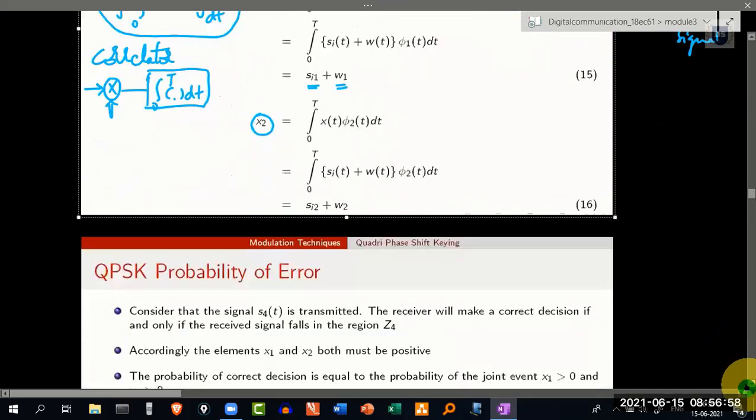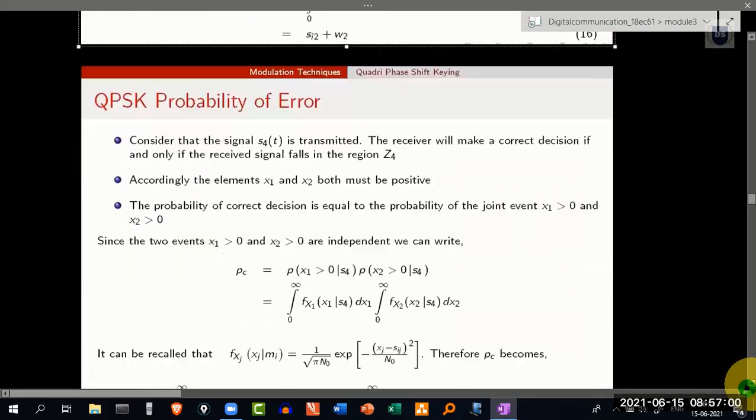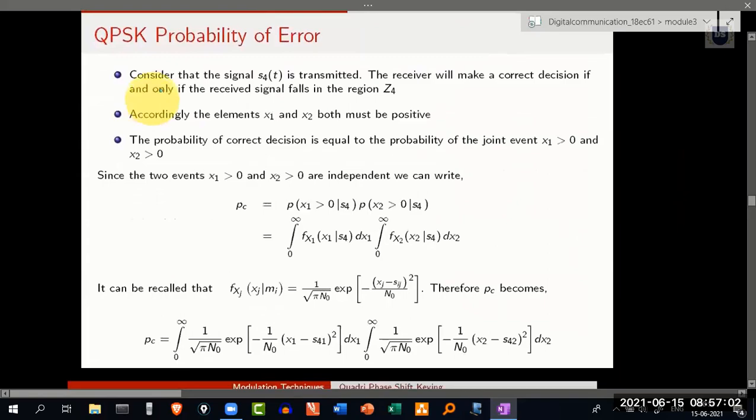So after getting these 2 points, consider that the signal S4 of t is transmitted. Right now, we are assuming that S4 of t is being transmitted, and we all know that S4 of t represents dibit equal to 1 1.